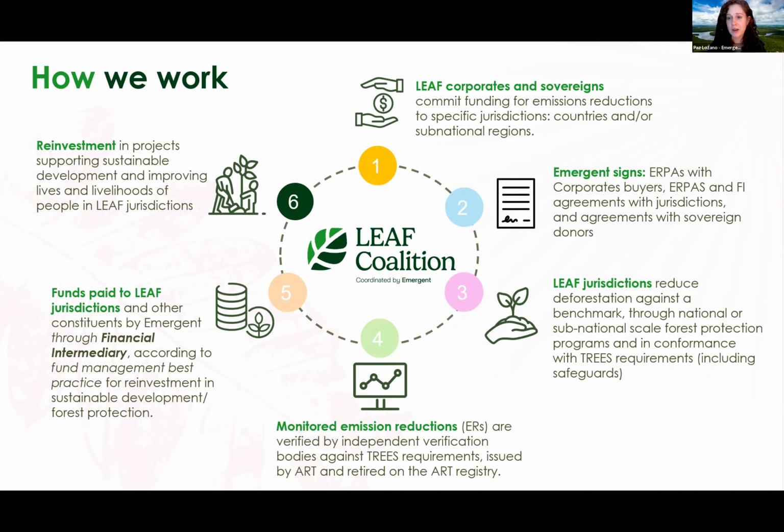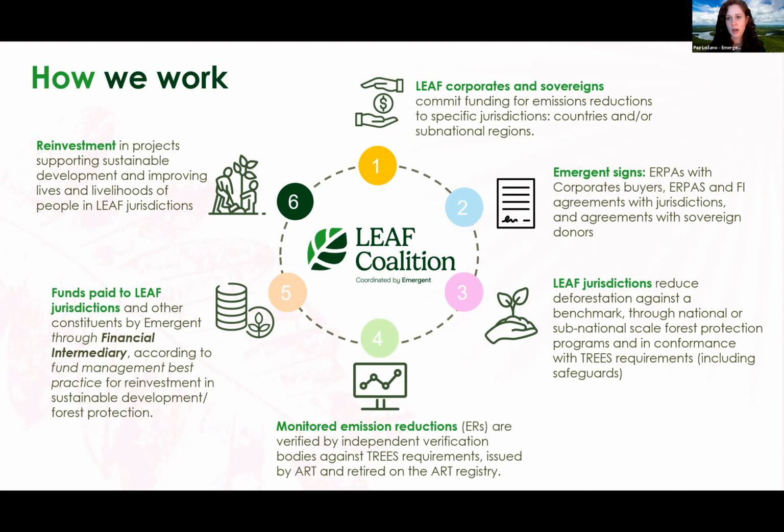Once the jurisdiction has monitored the emissions reductions, they go through a process of independent validation and verification against the TREES standard requirements. Upon successful validation and verification, TREES credits can be issued by ART and then ultimately retired on the ART registry when they're transferred to a buyer, or when the jurisdiction receives payment for results, they can also retire the credits in their own accounts.